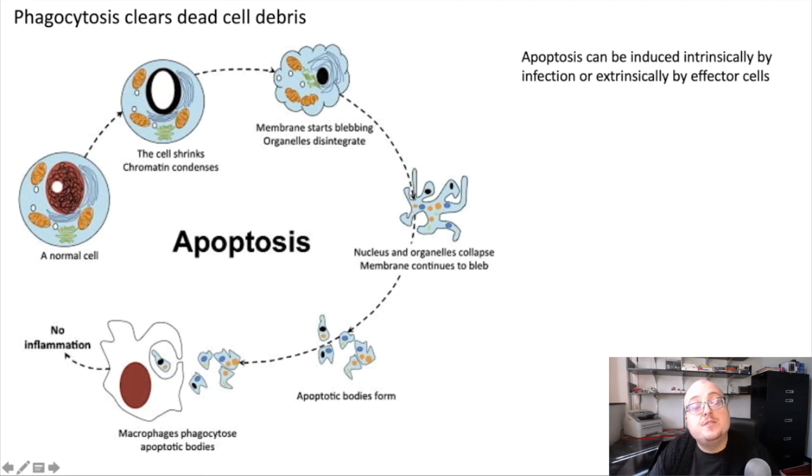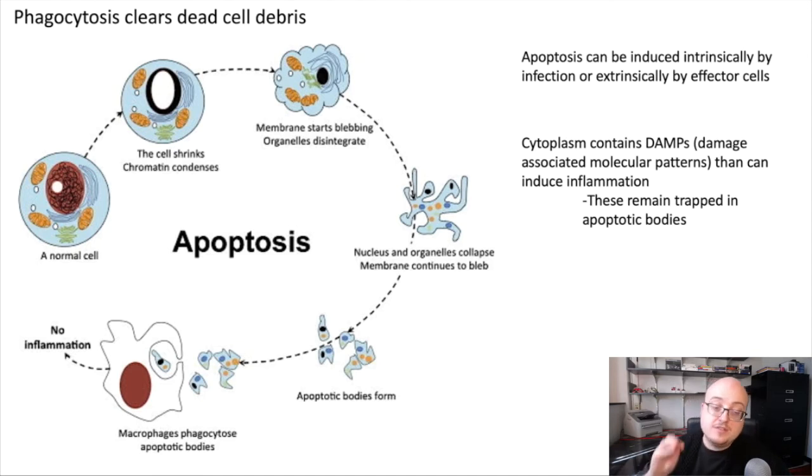And in the context of an immune system, this particularly happens downstream of cytotoxic T cells, CD8 T cells. So the way that cytotoxic T cells actually kill their targets is to induce them to undergo apoptosis. So either way, either infection or the external immune response can induce this process. So we need phagocytes like macrophages to clean up the aftermath of those processes.